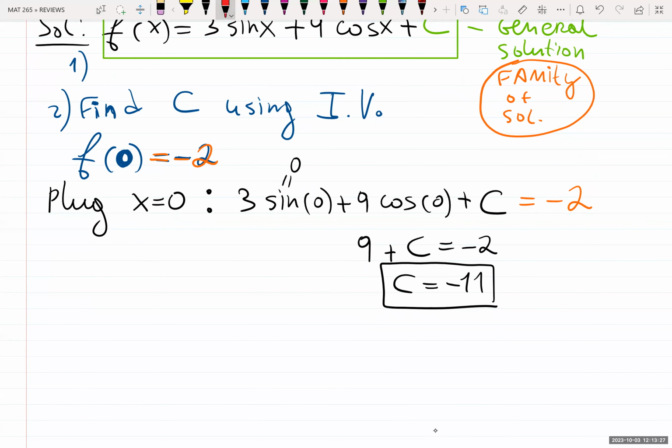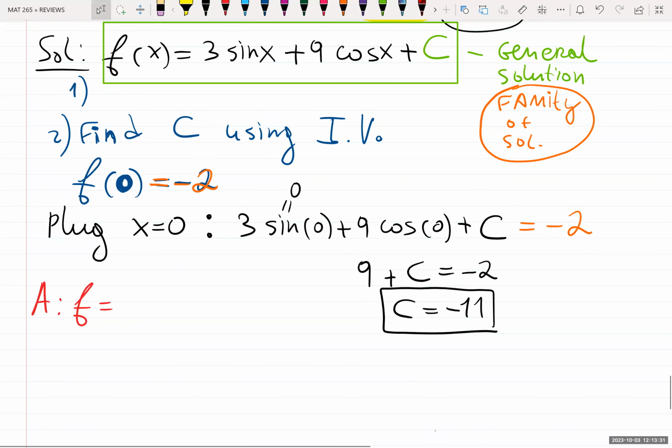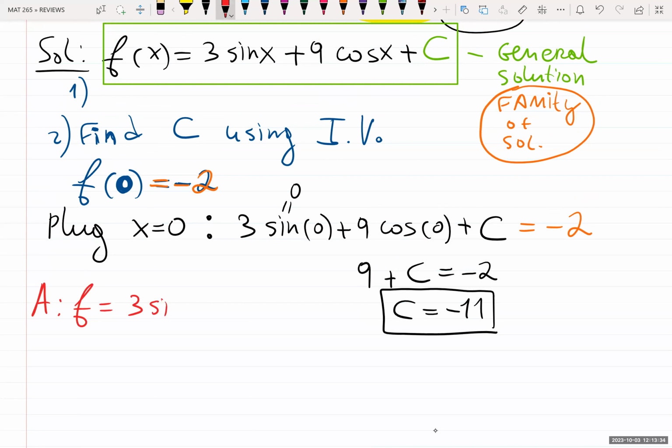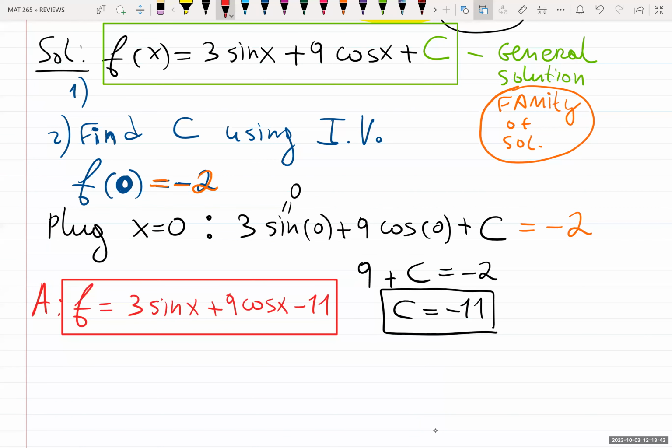Answer: f equals 3 sine x plus 9 cosine x minus 11. And you type it in. There should be no C anymore. That's called a particular solution. From the whole family, we took out one particular solution using the initial value.